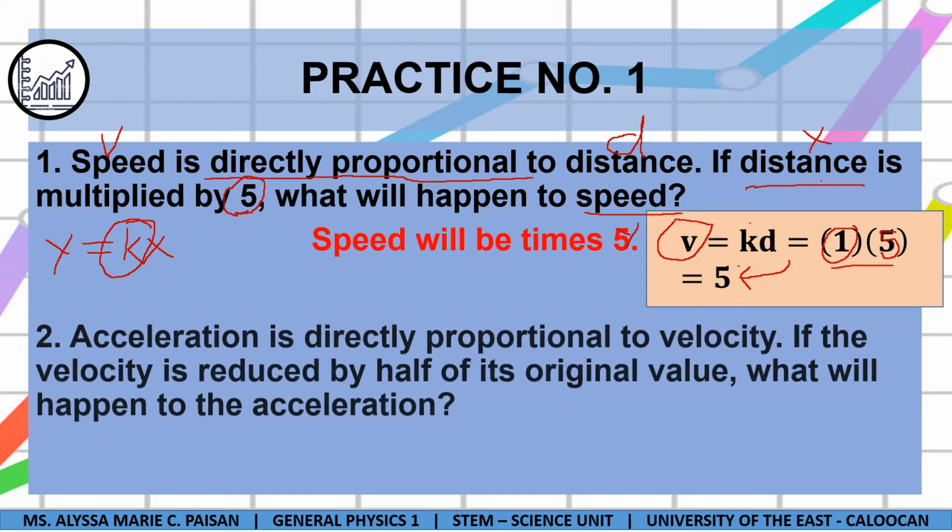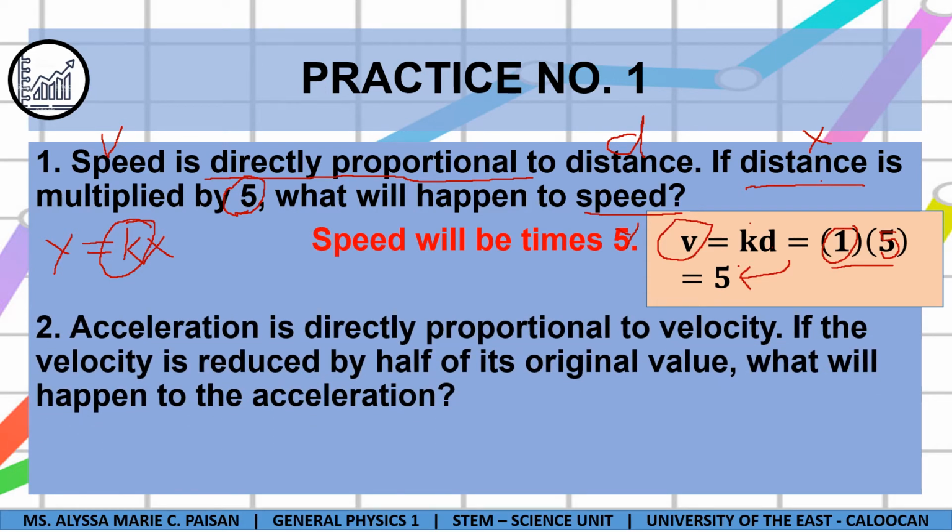Next, it says here that acceleration is directly proportional to velocity. If the velocity is reduced by half of its original value, what will happen to the acceleration? Again, let's find out the relationship. The relationship is direct proportion, and then next, we're going to identify the variables.